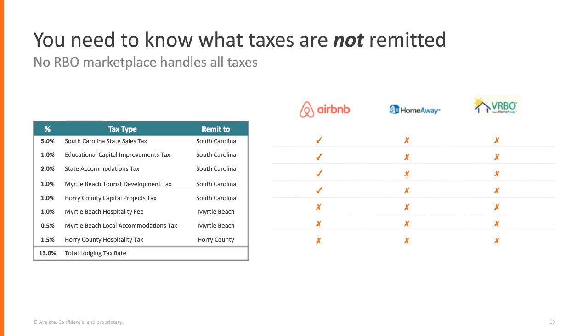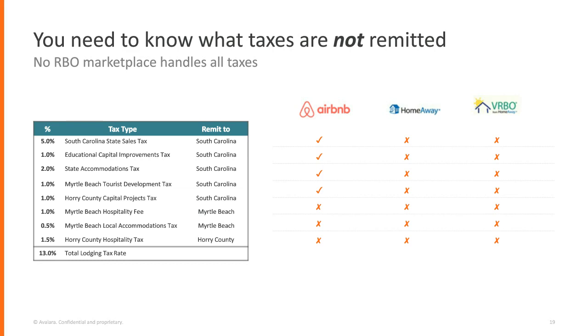These tax remittance programs will either file all of the required taxes that you're required to collect from your guests, in some cases they collect and remit some of the required taxes that you're required to remit, and in some cases these agencies will collect none of the taxes that you're required to remit. It's important to know which one of these situations you fall in. And this is based on your property's location, specifically your property address.